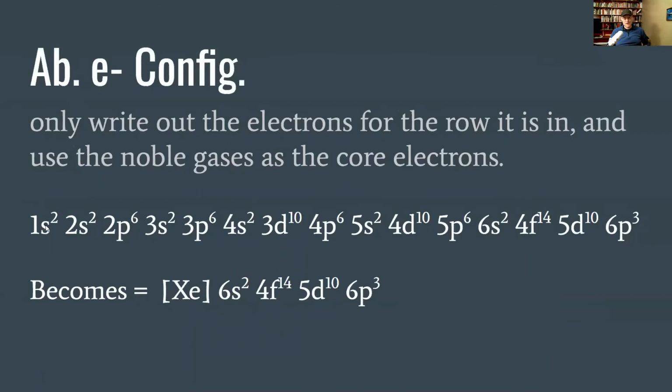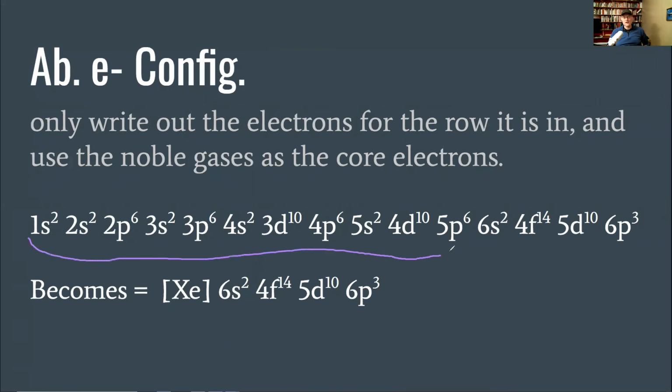But if I wanted to summarize this and use the abbreviated electron configuration, all of this to here represents xenon. So what do I write down? The abbreviated electron configuration becomes Xe, 6s2, 4f14, 5d10, 6p3.